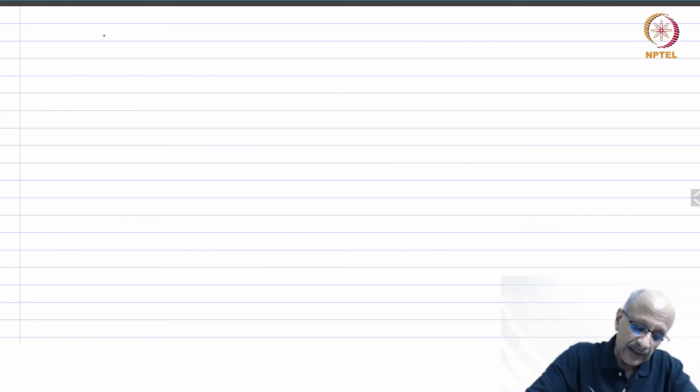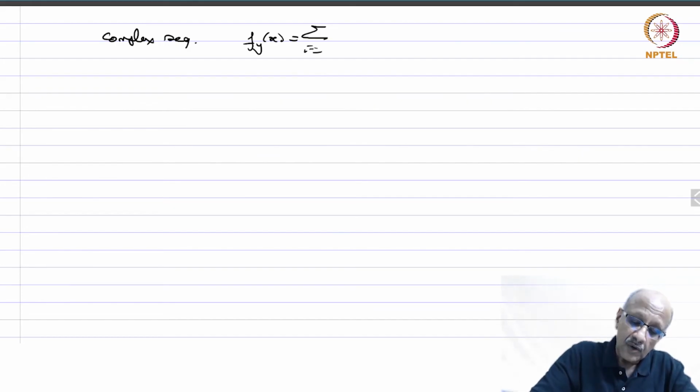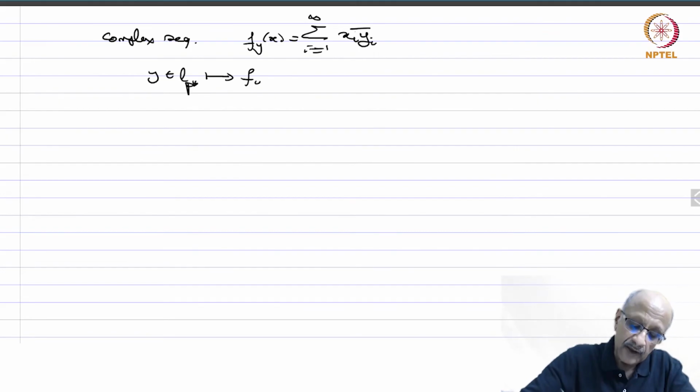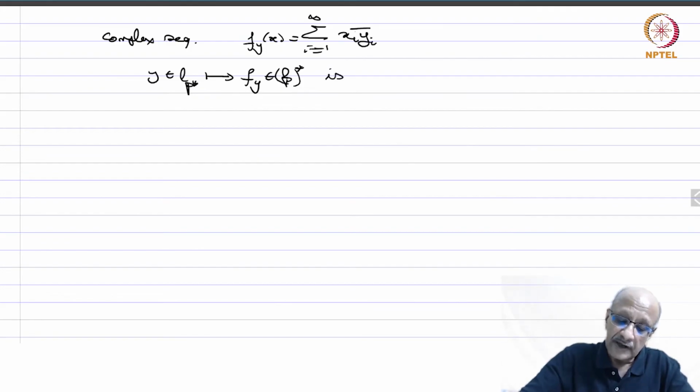So in the previous discussion, as I said, we did everything as though it was real. If we are looking at complex sequences, then you will define f sub y of x as the sum over i equals 1 to infinity of xi yi bar. And then the mapping y in LP star going to f sub y in LP star is conjugate linear.